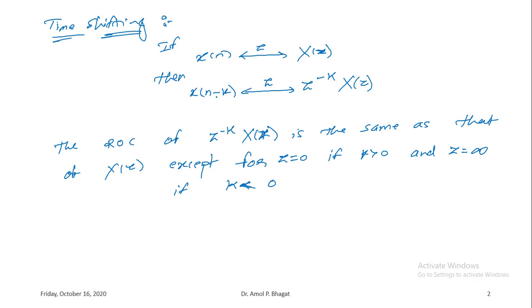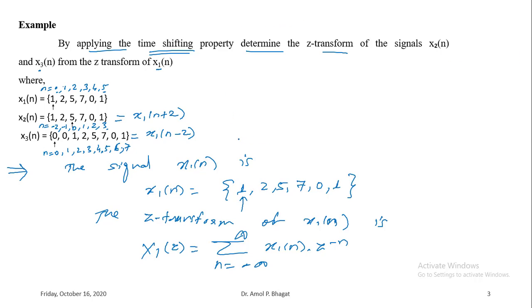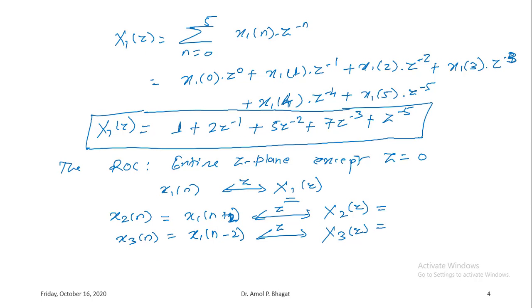So here n minus k is there, but in this case it is n plus 2, so you will be simply multiplying the z transform of x1 of n, that is x1 of z, with z to the power k. Because here the value of k is negative basically, you will multiply it with z square simply. So z square into x1 of z will be the value of x2 of z simply, right?